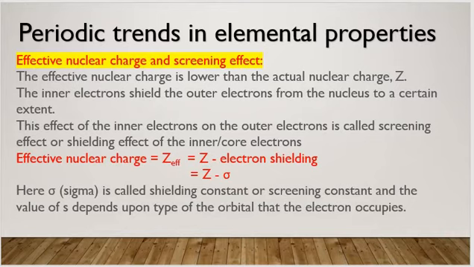Particularly in an atom which is having so many electrons, or multi-electron, the positively charged nucleus attracts the negatively charged electrons around it, and at the same time mutual repulsion also works between the negatively charged extranuclear electrons. The repulsion by inner shell electrons is particularly very important.